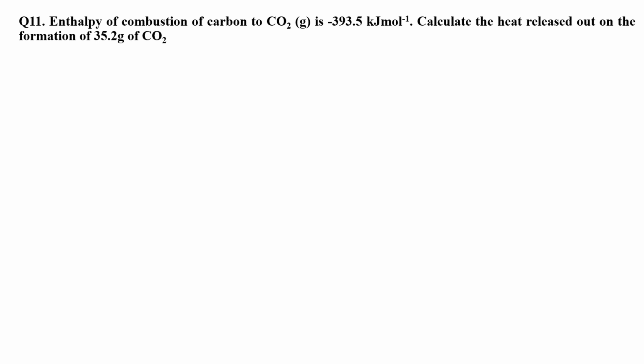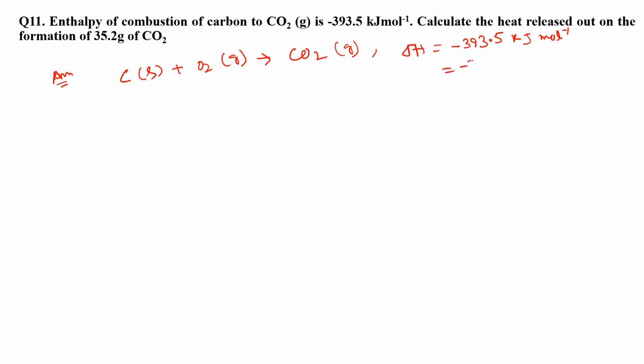Okay. So, here we know the reaction is C solid plus O2 gas gives CO2 gas, and delta H value is given here as minus 393.5 kilojoule per mole. If we convert this into joule, we get 393.5 times 10 to the 3 joule per mole.